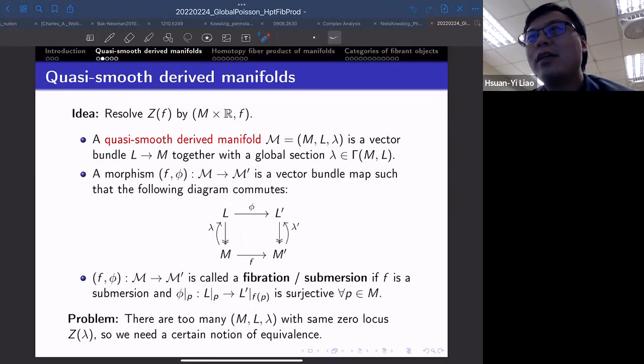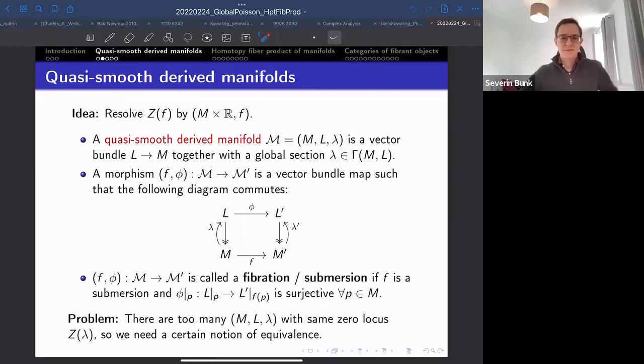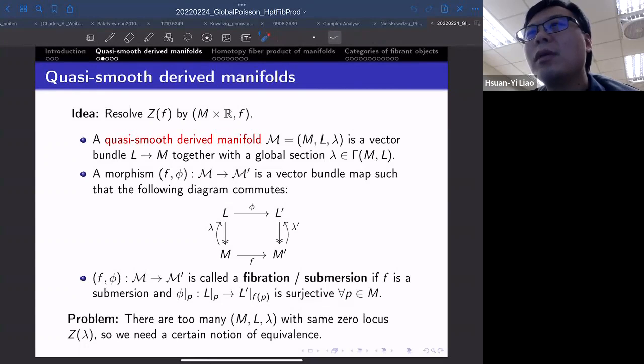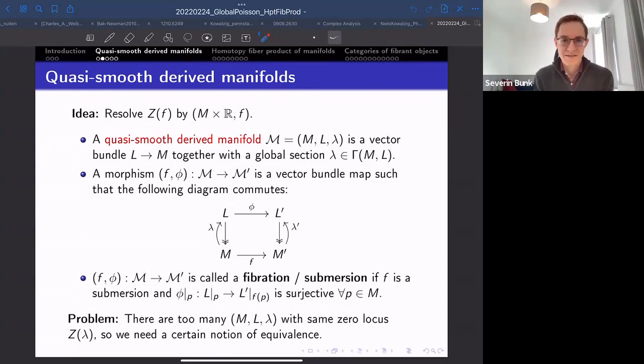Yeah, I would have a question. Yes. Maybe that's going to come on the next slide or so, but where is this derived? So far, isn't this just a manifold with a vector bundle? Yeah, it is just a manifold with a vector bundle. So not like a vector bundle or a chain complex of vector bundles or so?